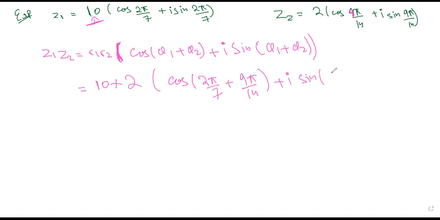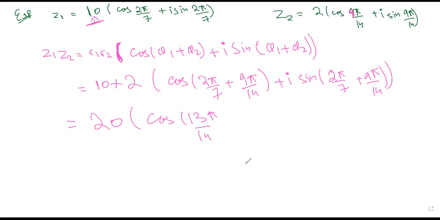Again, theta 1 is 2 pi by 7, 9 pi by 14. So you will get 20 (cos of 2 pi by 7 plus 9 pi by 14, which is 13 pi by 14, plus iota sine 13 pi by 14).